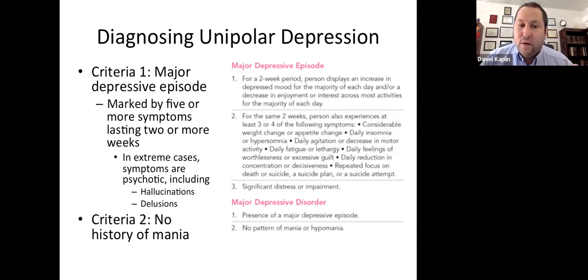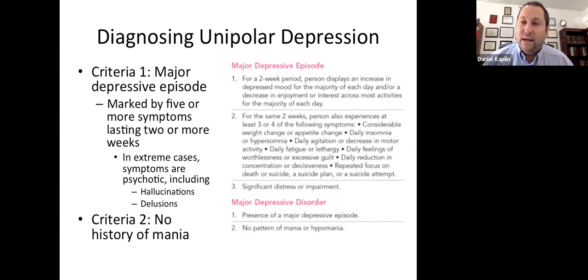You also need, for a second criterion, to have no moments or periods of time where you had a manic episode or a hypomanic episode. That's important because then we might have to consider bipolar depression, and we can discuss that in another video.